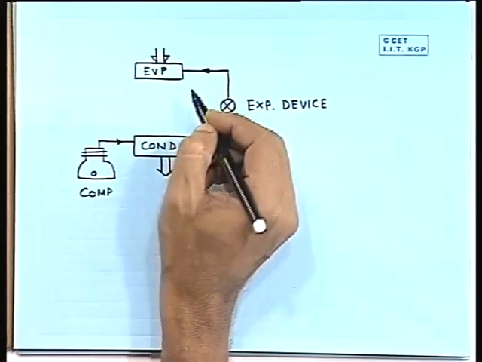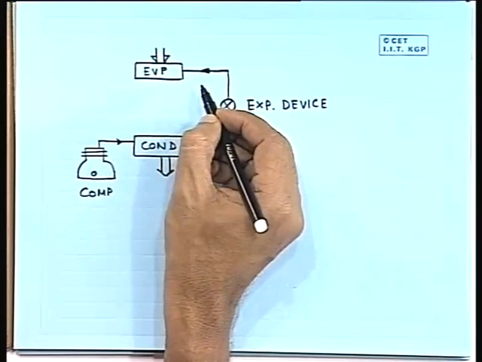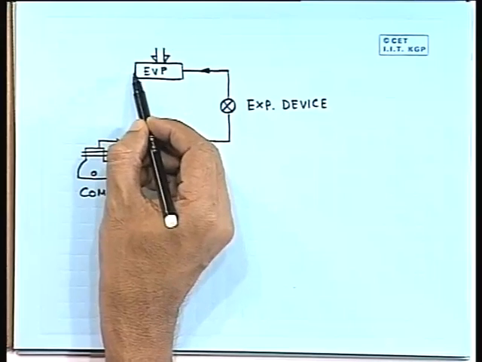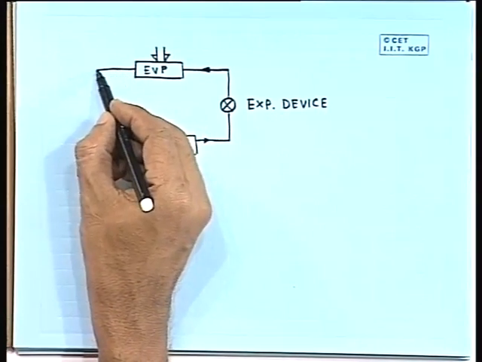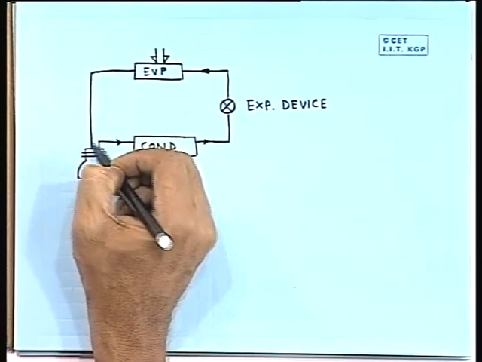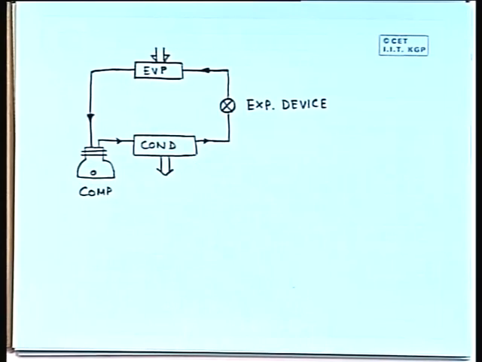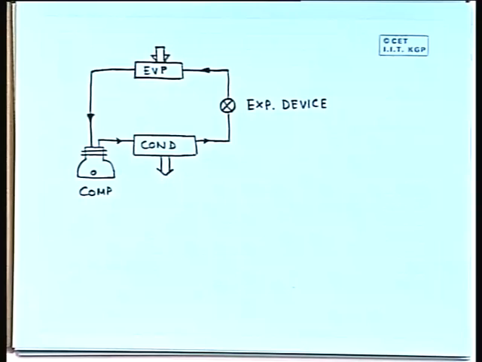In the evaporator it will evaporate and absorb heat, so it will produce the cooling effect. At the same time it will get transformed into vapor state, but this refrigerant vapor is at low pressure. So, to continue the cycle it has to go back again to the compressor to be compressed and go to the condenser. This is the way the cycle will be executed.